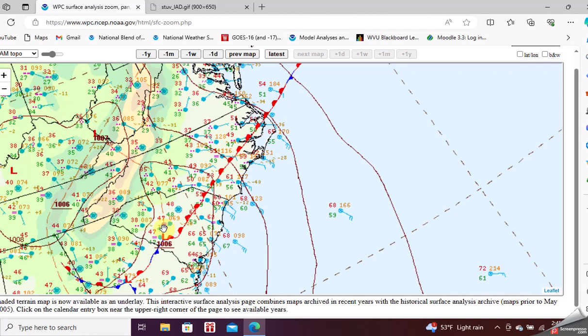Notice I said surface pressure. Every one of these are surface pressure at sea level. We're going to talk a lot more about that later, but let's just say that everybody is flat. There's no hills. All these observations are taken at the same elevation, sea level. There are three digits in the upper right-hand corner that are your surface pressure.